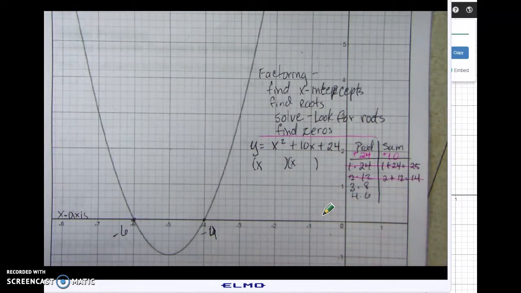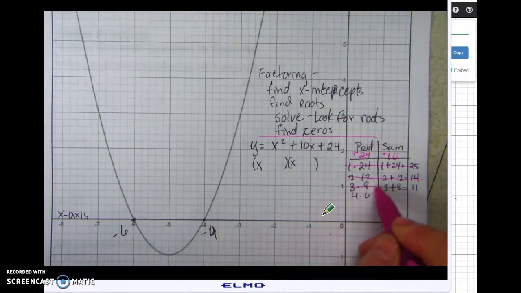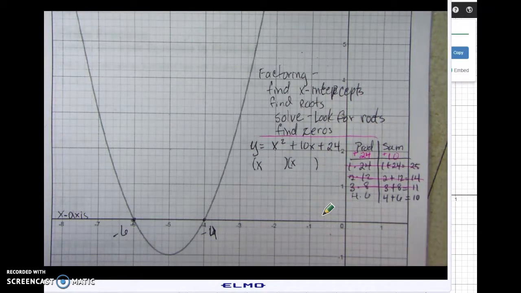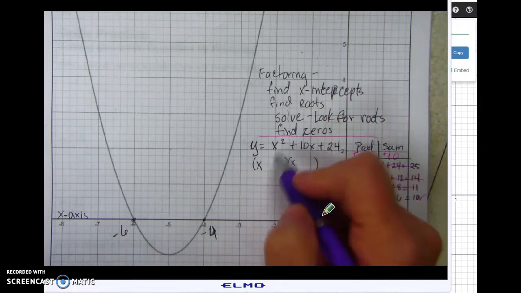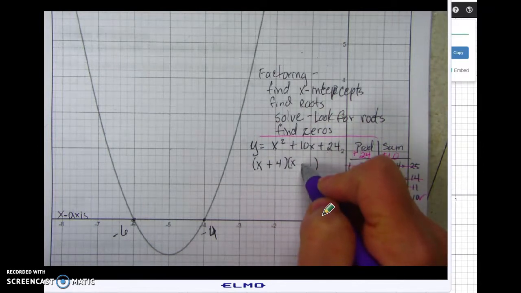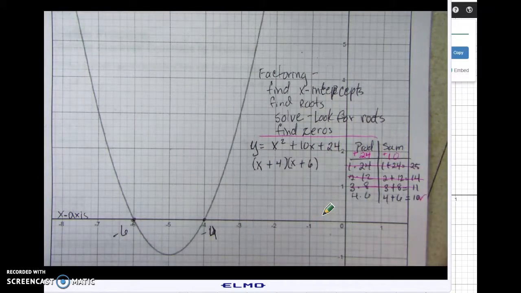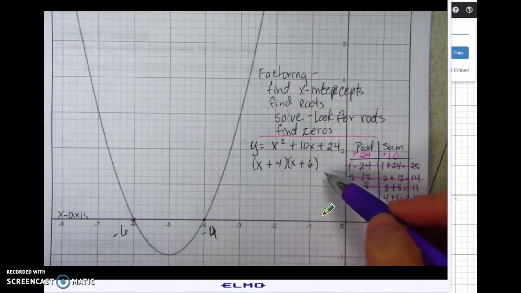I need 10. 3 plus 8 equals 11. Again, didn't work. 4 plus 6. There we go. That equals 10. Yay. Those are my two numbers, and they're both positives, so plus 4, plus 6. Now I have factored it completely.